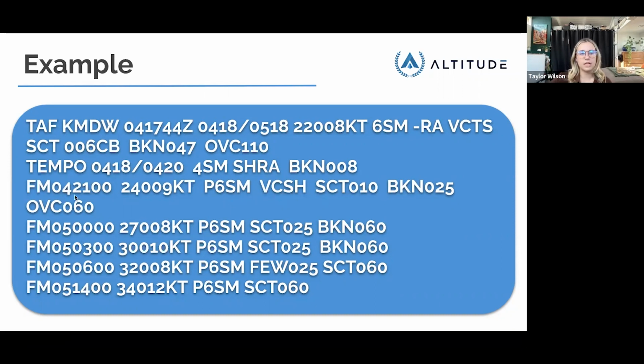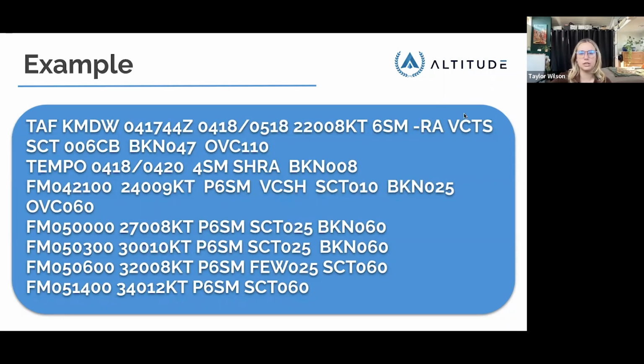From the 4th at 2100 Zulu, winds should be 240 at 9 knots, greater than 6 statute mile visibility, and then showers in the vicinity. So that's that VCSH. So sometimes they have it written out like this, and then they had another example up here where they had light rain in the vicinity.